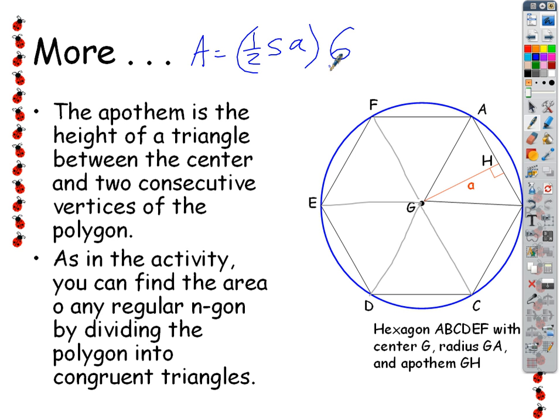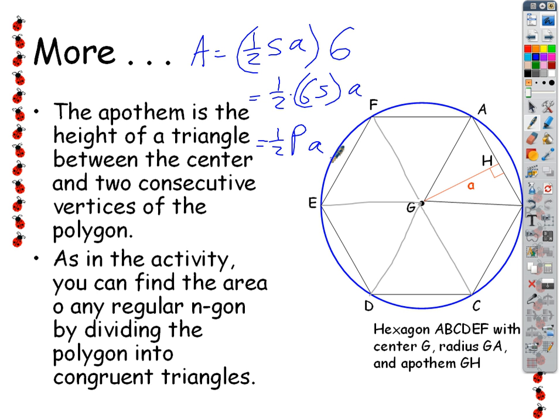So if I rearrange this a little bit and make it 1/2 times 6S times A, that 6S really just means perimeter. And so the area ends up being 1/2 times the perimeter of the polygon times the apothem. That's my formula, right? That's pretty good.